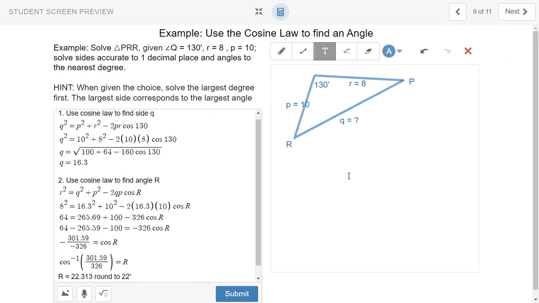So as a result of that, we can find angle P. We're going to do that by the theorem of interior angles. So angle P is equal to 180 degrees minus 130 degrees minus 22. So P is equal to 28 degrees.